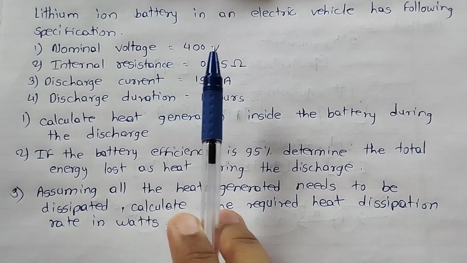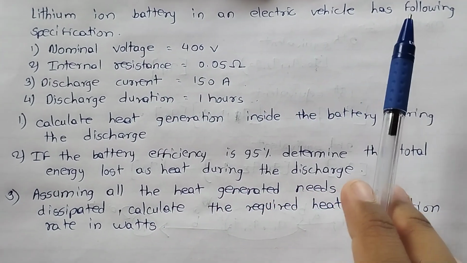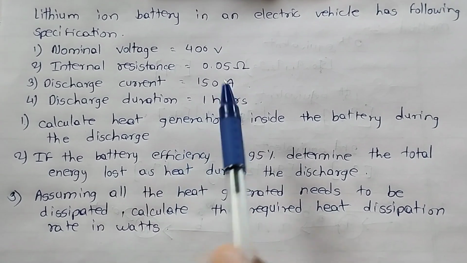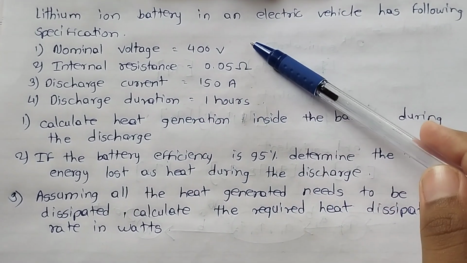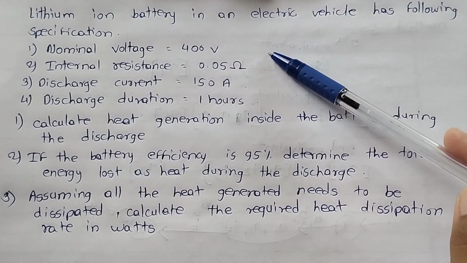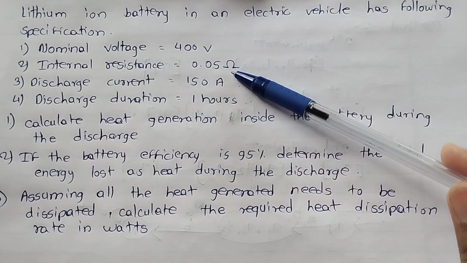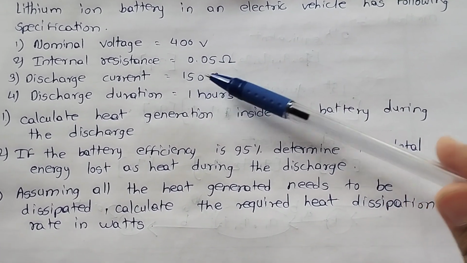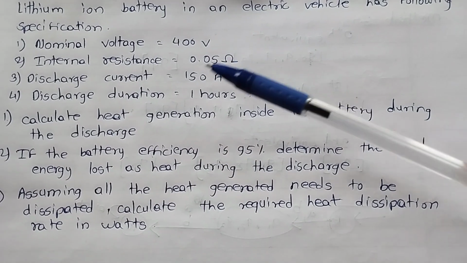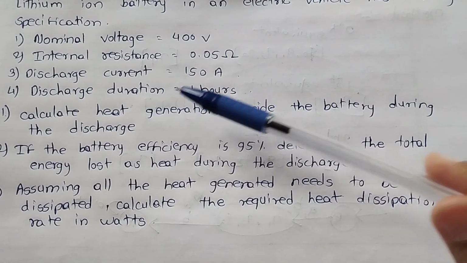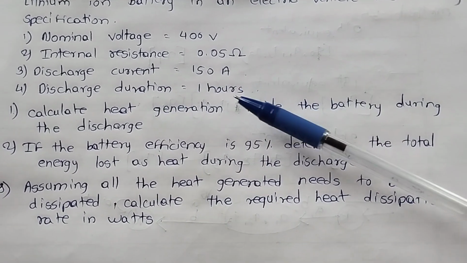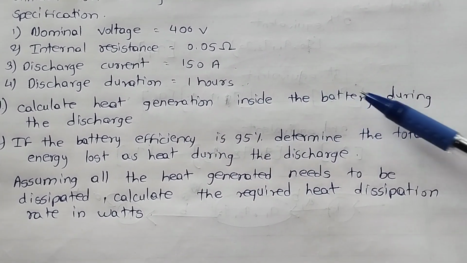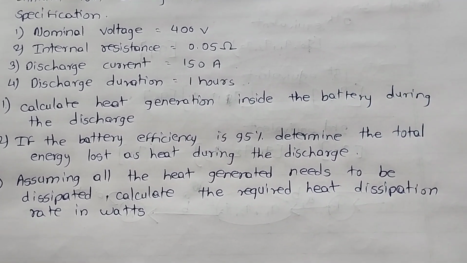A lithium ion battery in an EV, electric vehicle, has the following specification. Nominal voltage is 400 volt, internal resistance is 0.05 ohm, discharge current is 150 ampere and discharge duration is 1 hour. First, calculate the heat generation inside the battery during the discharge.